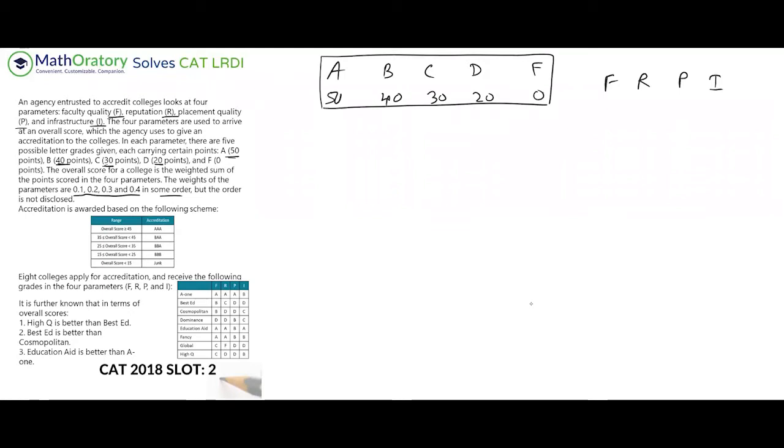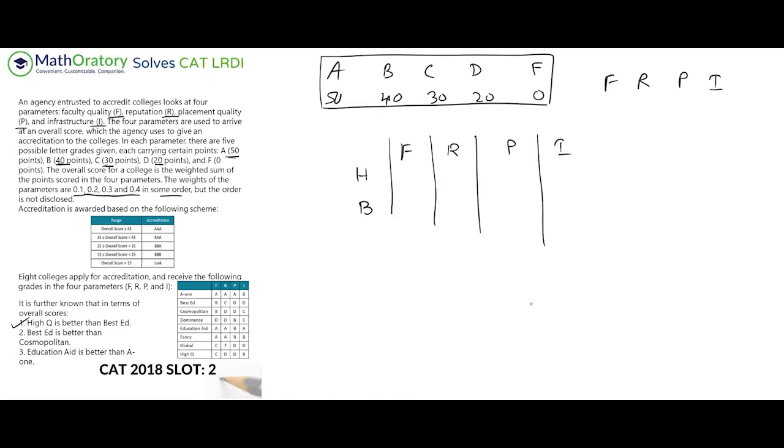This table gives us the specific grade on these parameters for the eight colleges that we are focusing on in this particular LR set. The first point tells us that High Q, that is H, is better than Best Ed, that is B. So we are comparing H and B. Let me write H and B here, and write the grades of F, R, P, I as given in the table.